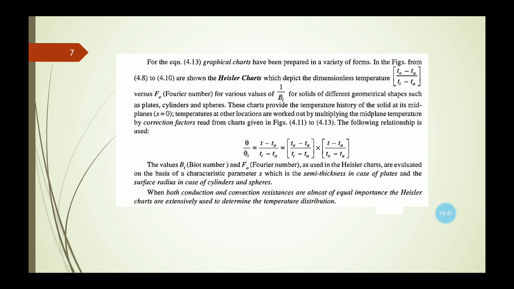So that means, what is this Heisler chart? It depicts the dimensionless temperature versus the Fourier number for various values of 1 by Biot number for different geometrical shaped solids such as plate, cylinder, and sphere.